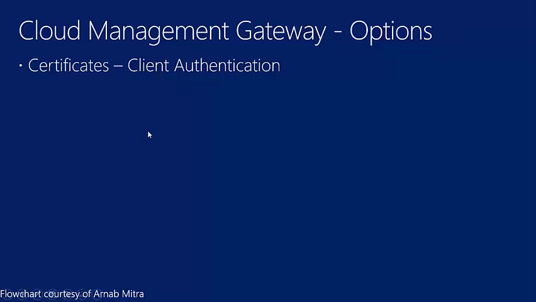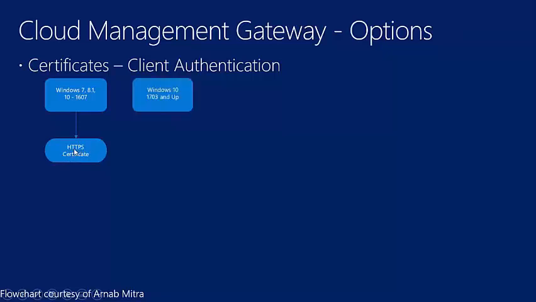Now, in terms of certificates and client authentication, a similar flowchart here will help explain the options. So let's look at it. The first question: are you Windows 7, 8.1, 10? Are you a server OS? Are you on 1607 of Windows 10? If you are, then the direction is you have to have an SSL certificate to be able to communicate for client authentication. If you're Windows 10 1703 or better, then the question becomes, okay, great, are we domain joined?